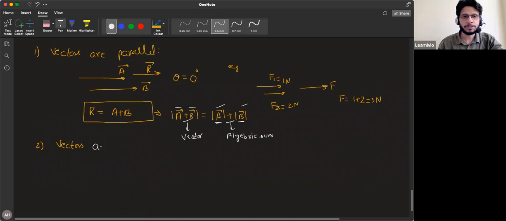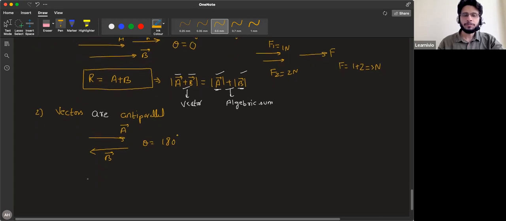So the next is vectors are anti-parallel. What does anti-parallel vectors mean? Sir, opposite direction. Vectors are acting in opposite directions. Angle between them is 180.